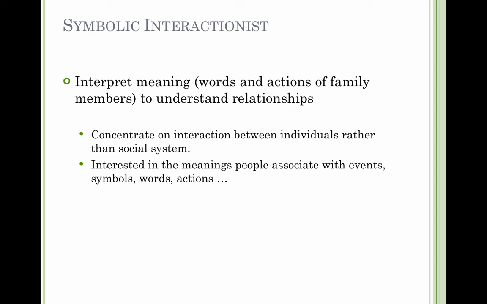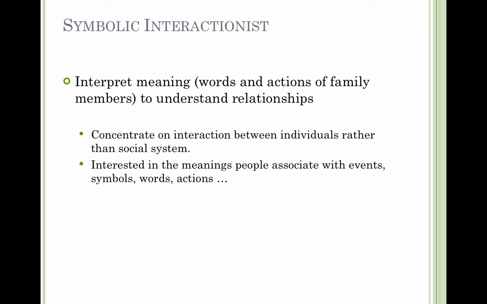So how do families function and learn what's important? How do they pass on traditions? How do they pass on celebrations and rituals? It's all about these symbols, the use of words, actions, and they're interested in how we attach meaning to these actions and these activities.